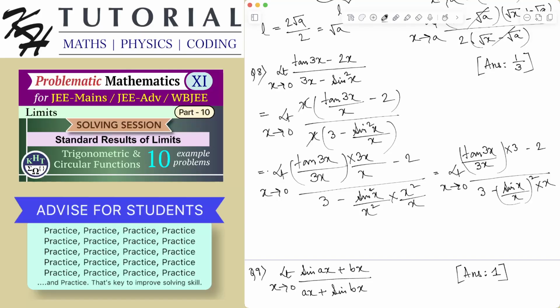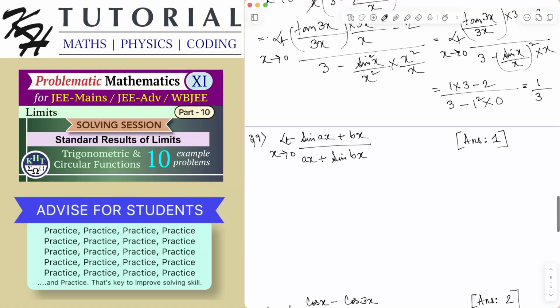Also the limiting value of sin x by x when x tending to 0 will be 1. So this becomes 1 into 3 minus 2 divided by 3 minus 1 square times x, and x is 0. So this is 3 minus 2 is 1 by 3 minus 0, which is 3. So 1 by 3 is the answer.